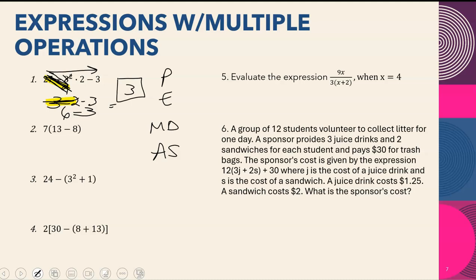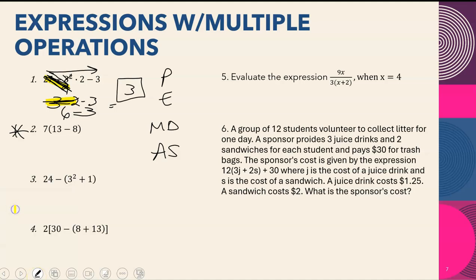Let's do number 2. There is another way to do this one. If you remember the distributive property, you'll know that there is another way by taking 7 as a factor and handing it out using multiplication to everything inside of those parentheses. Sometimes that's nice to do if we have variables inside the parentheses, but if we don't have variables in there, it just makes it more of a hassle.